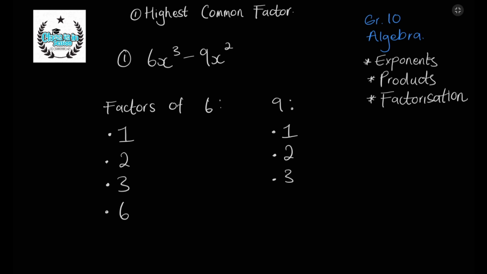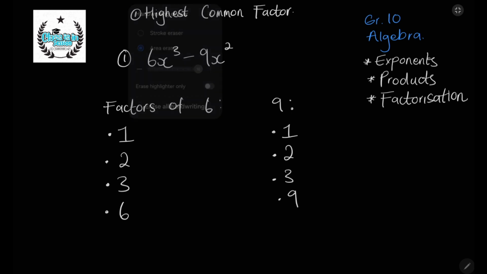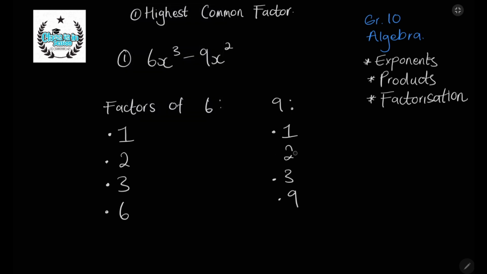We have 9 divided by 9. However, I made a mistake here. 9 divided by 2 obviously leaves a remainder. So the factors of 9 are 1, 3, and 9.